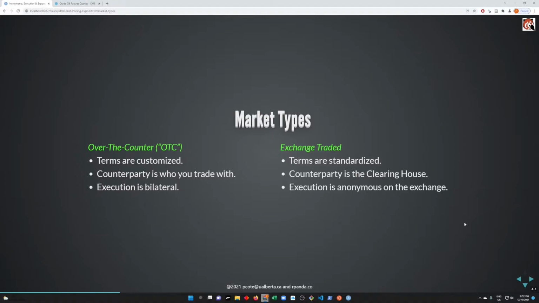What happens is counterparty A and counterparty B, when they execute on the exchange, are matched. So effectively, the execution is anonymous. And as soon as they are matched on the exchange, the transaction is executed, and the exchange itself becomes the counterparty for both counterparty A and counterparty B. So they do not know that they've traded with each other.